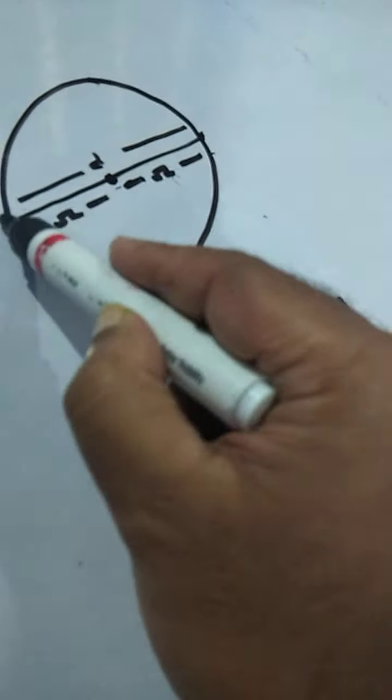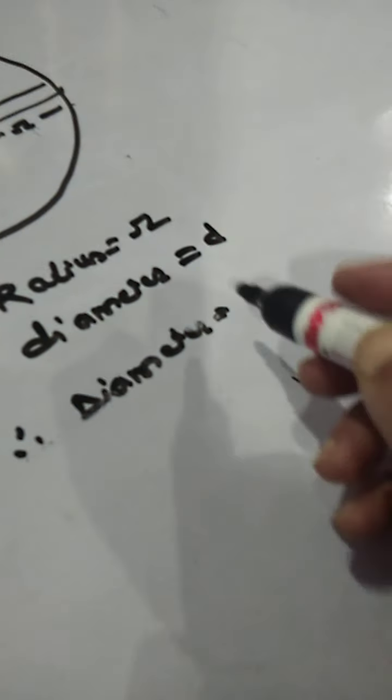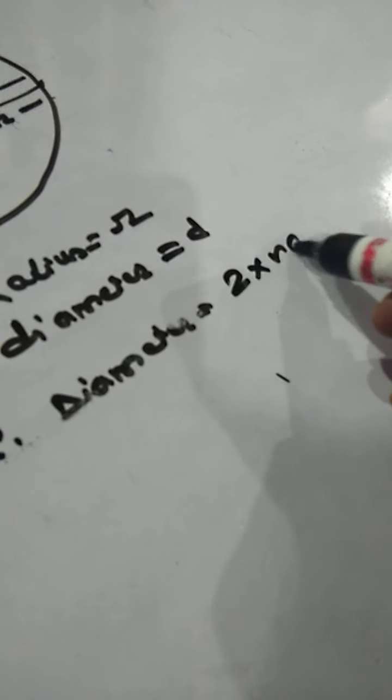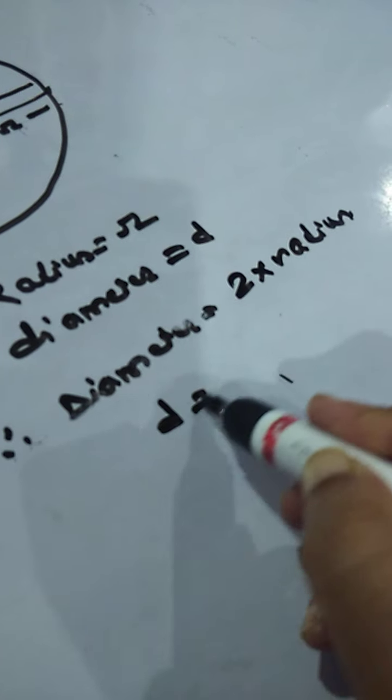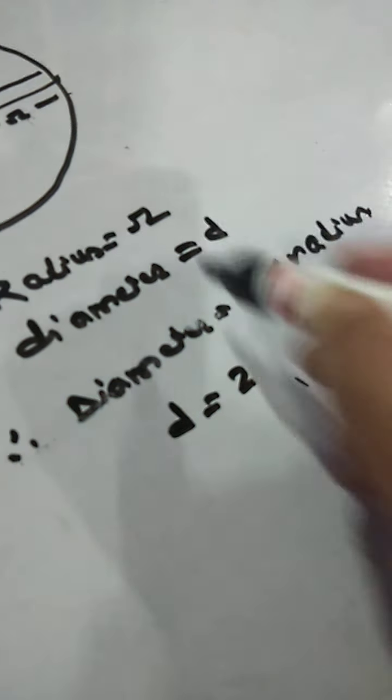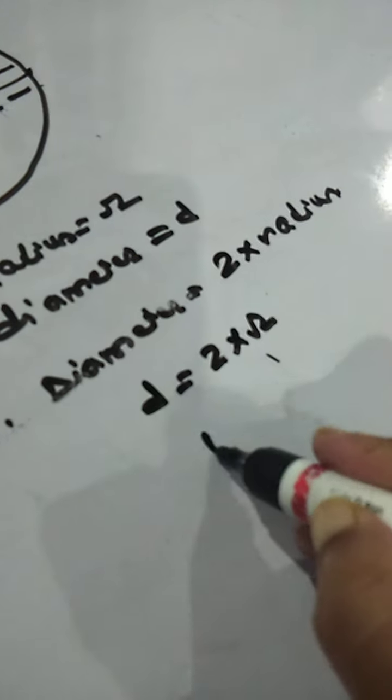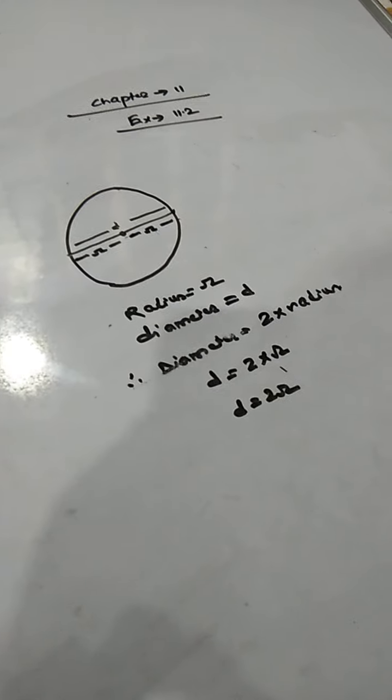This length and this length, from here and from here, the 2 r's are there. So diameter is equal to 2 into radius. So D is equal to 2r. This is the final equation.